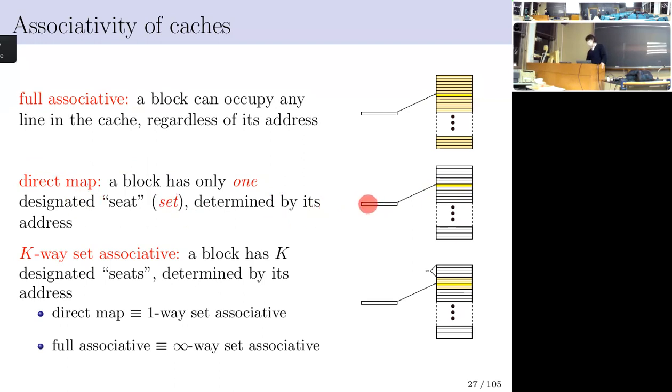So if this block has a particular address, the line it needs to go to is completely determined by that address. No matter whether this is new or old compared to other lines in the cache, this guy has to be evicted and this guy has to be replaced. As you can imagine, this simplifies the implementation.